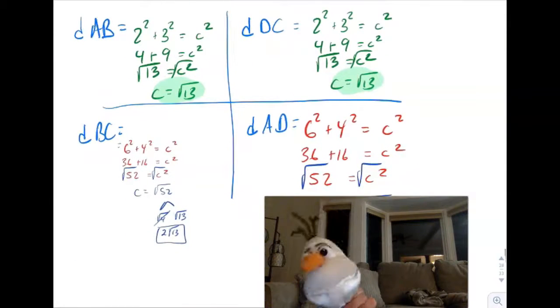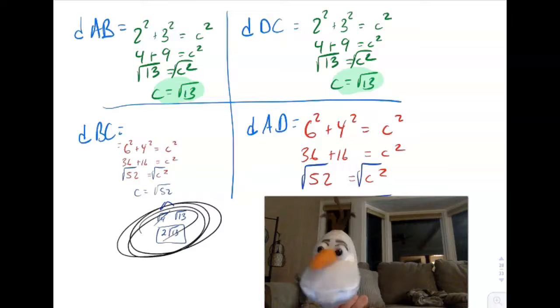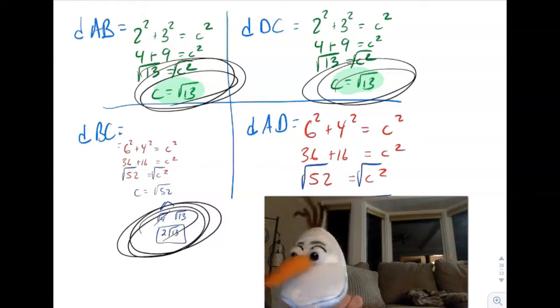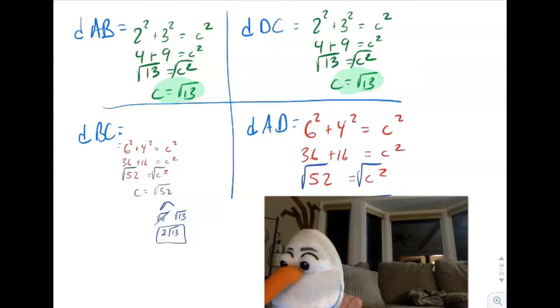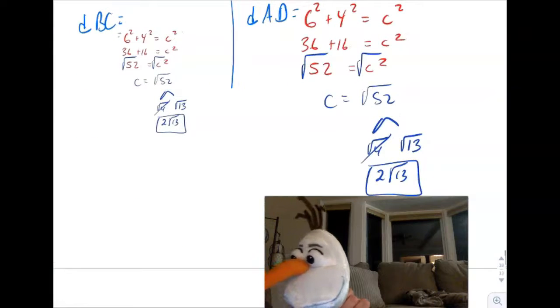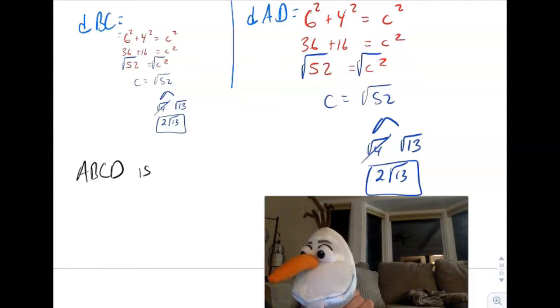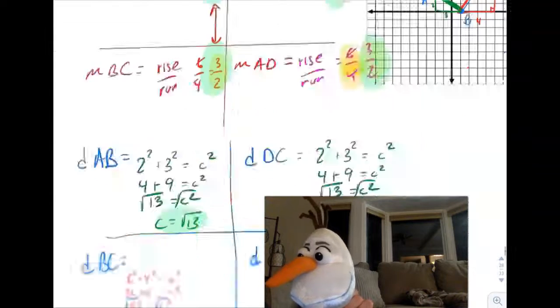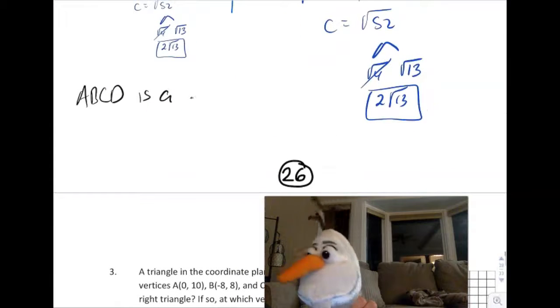And then we found out we had two sides that were congruent and two other sides that were congruent. So now you can say ABCD is a, now what did they want you to say? It was a rectangle. We've proven it's a rectangle.